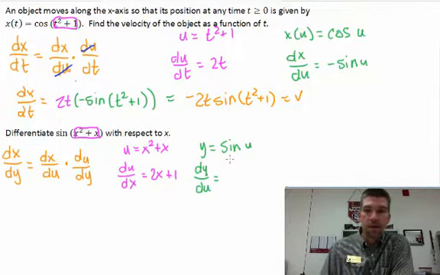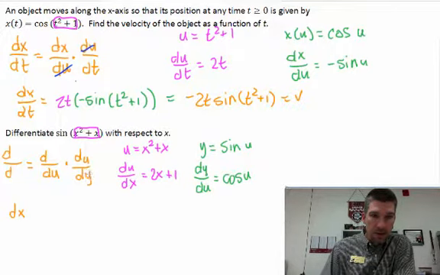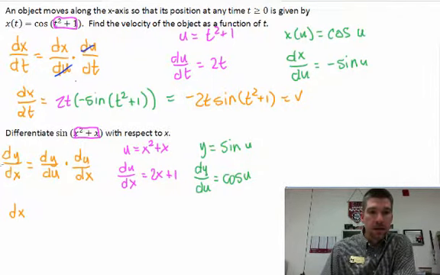Okay, and so when I multiply the things together, dy dx, I wrote that completely upside down. And let's trade these two guys. So dy dx is equal to dy du times du dx. So dy du is cosine u.